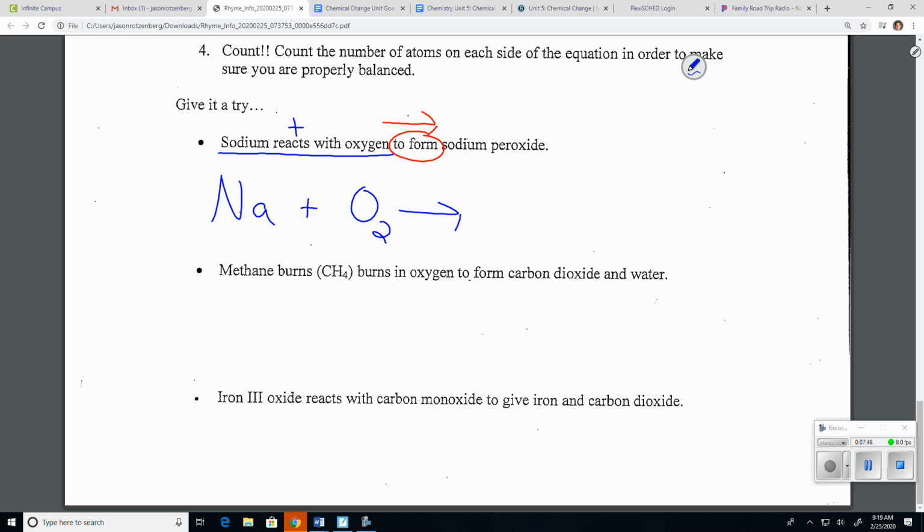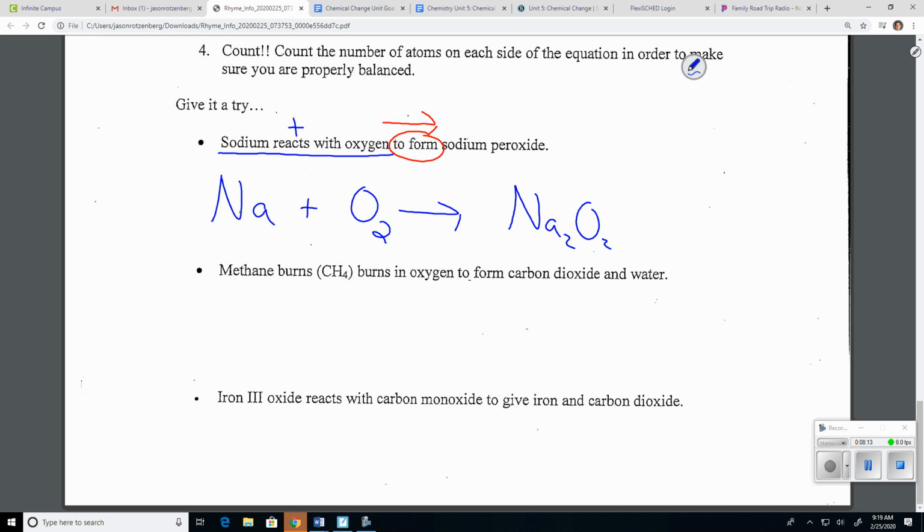This is one of the more tricky and unusual polyatomic ions. Peroxide is on your polyatomic ion sheet. It's O2 with a -2 charge, which means the formula for sodium peroxide is Na2O2, which I know is unusual.